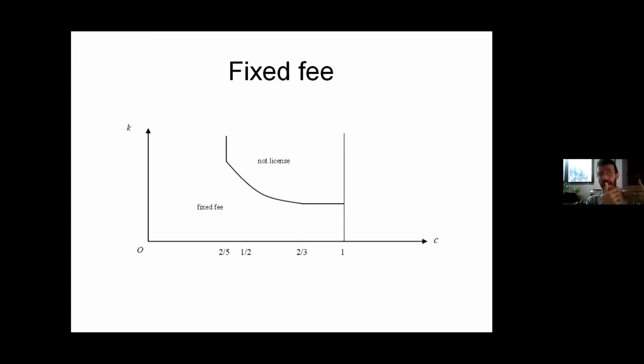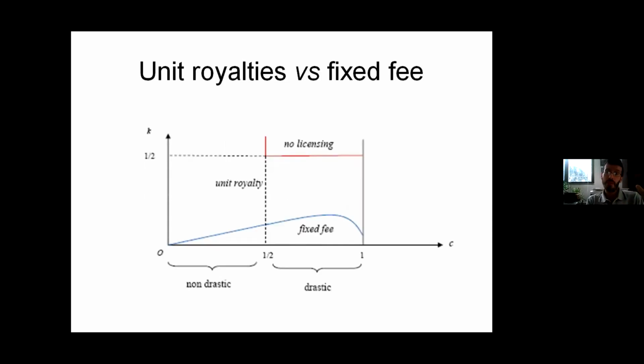But when K becomes sufficiently high, then not license is better than fixed fee. And this is just for the comparison between each of the two types of licensing scheme with the case of no license. Then we have this picture that summarizes the comparison.